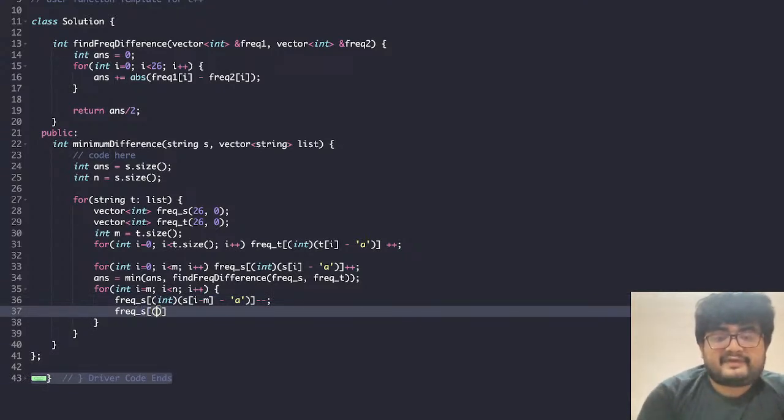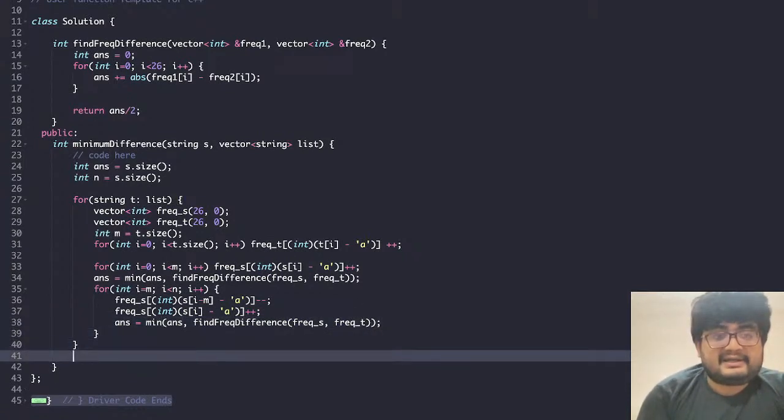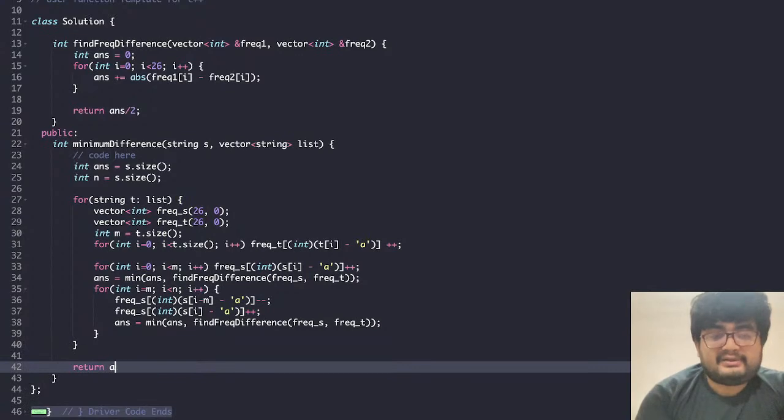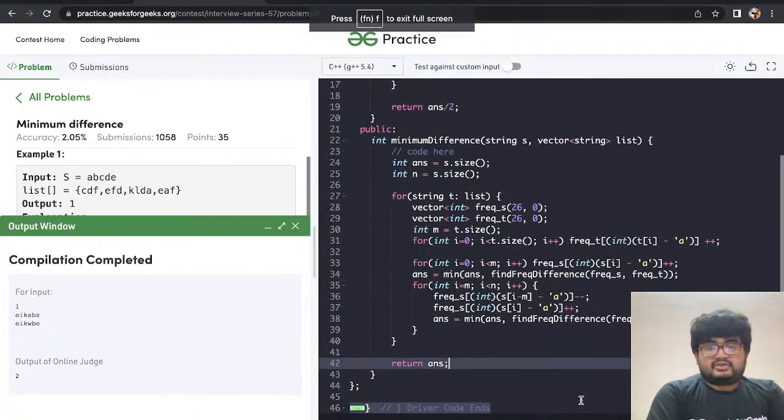Frequency of s of int of s of i is coming, so s of i minus a plus plus, and we'll do answer equals min answer, find frequency difference of frequency of s and frequency of t. And finally here we can return answer. So that should be the code.